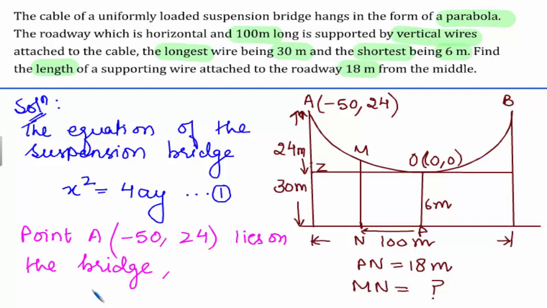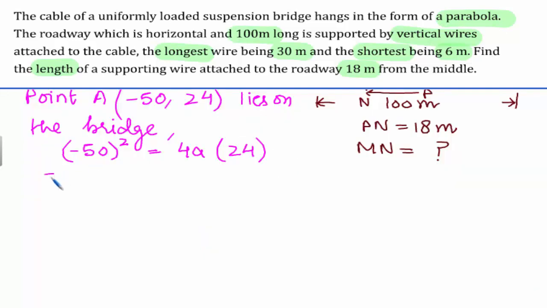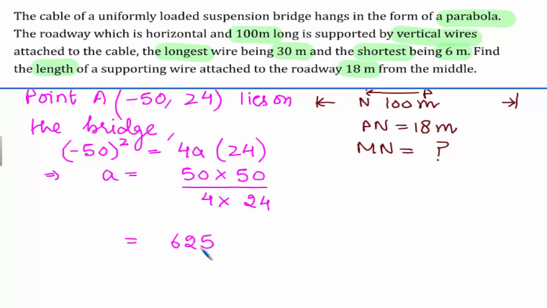So this implies this point will satisfy equation number 1. So replacing the value of x by minus 50 and y by 24, this will imply that a is equal to 50 into 50 divided by 4 into 24, and this is equal to 625 divided by 24. So this is the value of a.